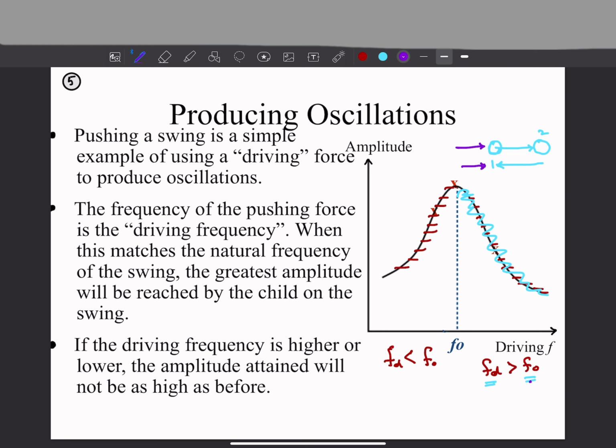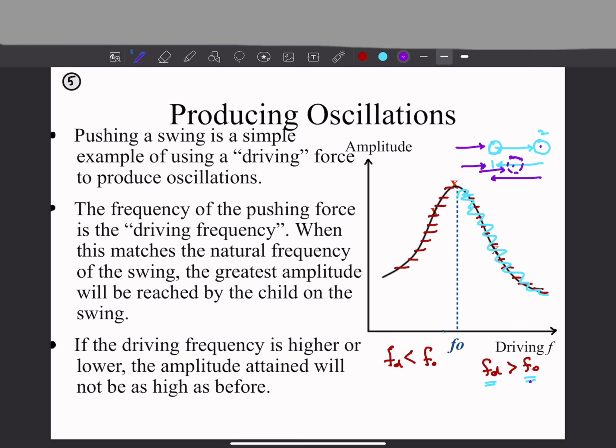When the body reaches somewhere here, and your frequency is greater than the natural frequency, your force is disturbing the complete oscillation. Your force is not allowing the body to come back to position 1.